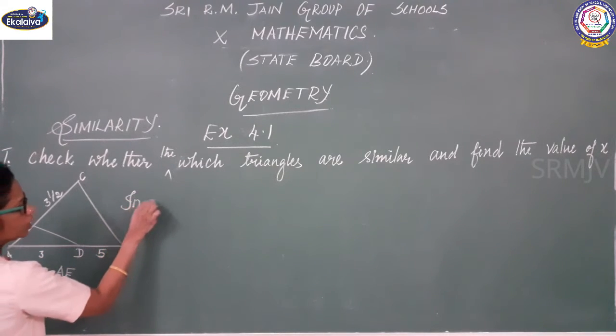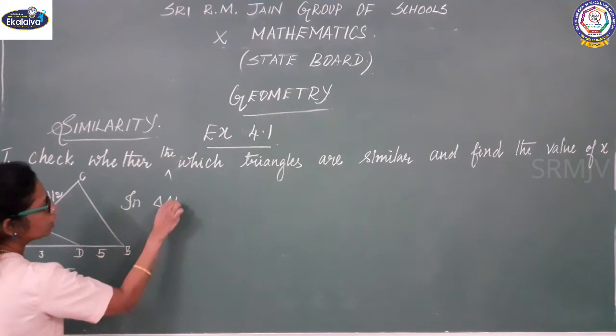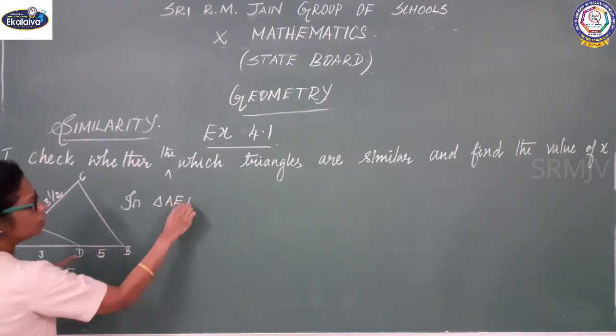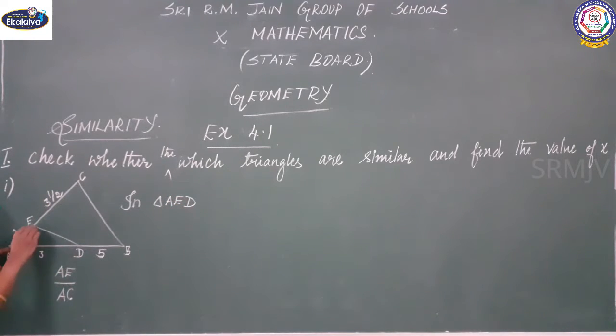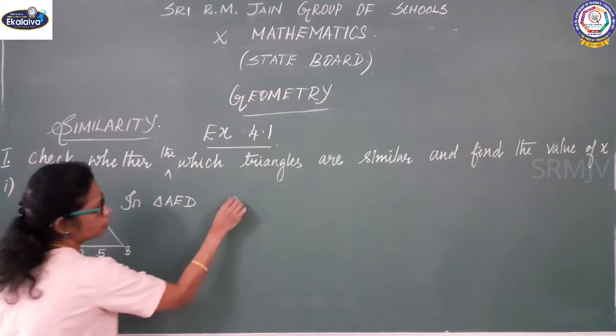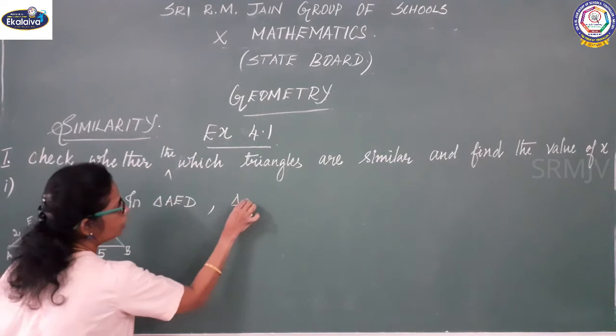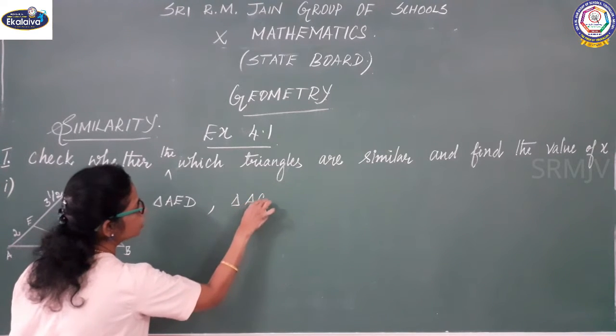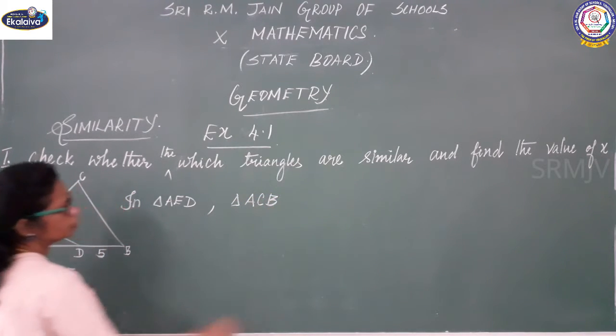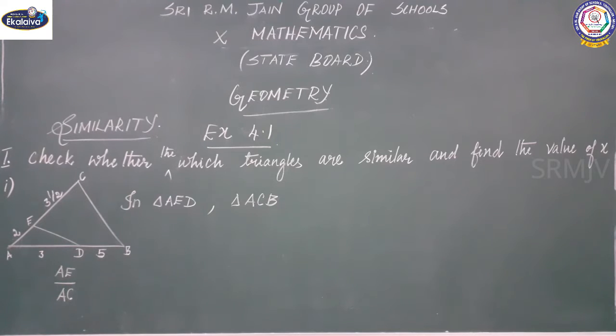In triangle AED, this is one triangle, AED. Another triangle is ACB. Now you see, AE by AC.